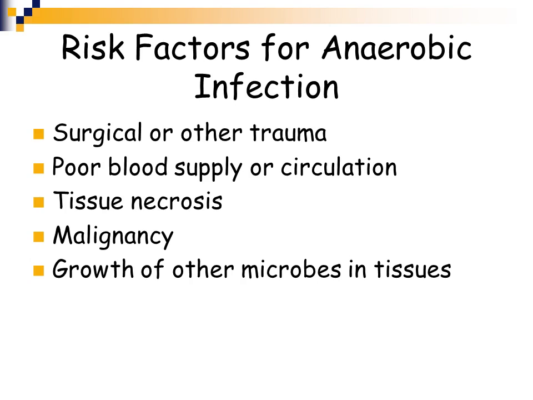So you're not getting oxygen to certain areas of the body, which of course is going to allow an anaerobe to thrive in that area. If you have tissue necrosis, so again, your tissue's dying, necrotic, you don't get oxygen in those areas, an anaerobe is going to thrive in that environment. Malignancies, and also where you have growth of other microbes in tissues.